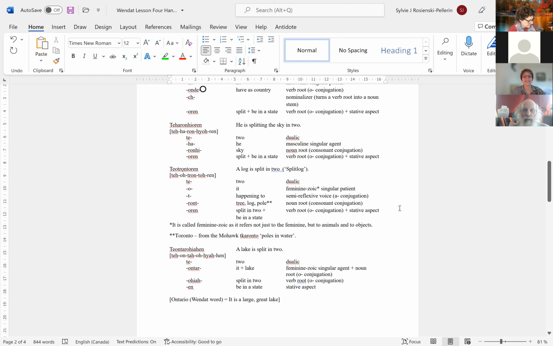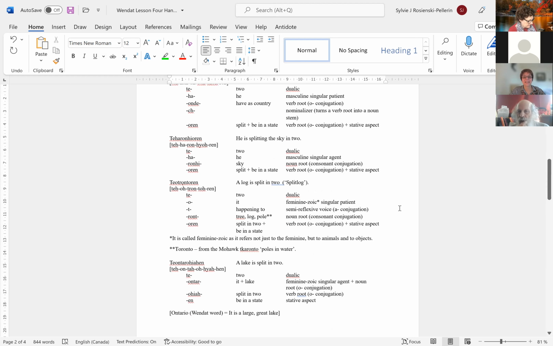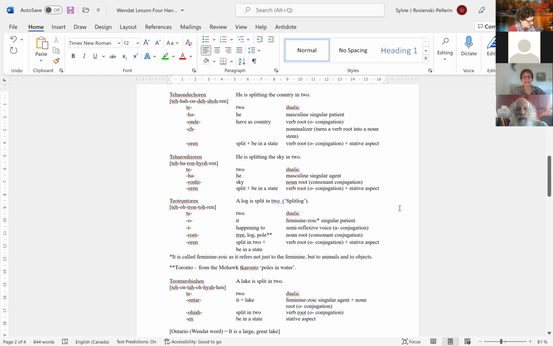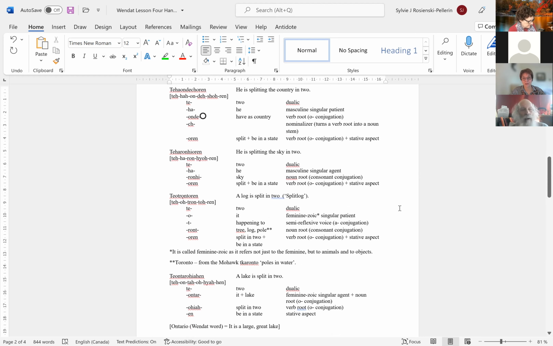All right. Now, next, he is splitting the sky in two. Again, a powerful name. I suspect it has to do with thunder, because there are a lot of stories about the thunderers. It includes that there was a Wendat child that was the child of Thunderer, and the characterization he takes on is the sun shower.